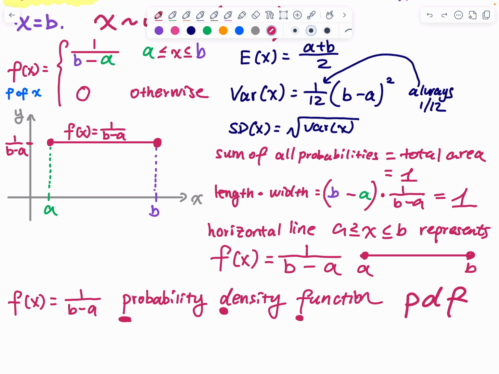Probability density function. Oh, depending on the books that you use, sometimes they use probability mass function. Same thing. It depends on your book. So probability mass function, that will be a PMF. In my career, I always use PDF. I took one graduate course.